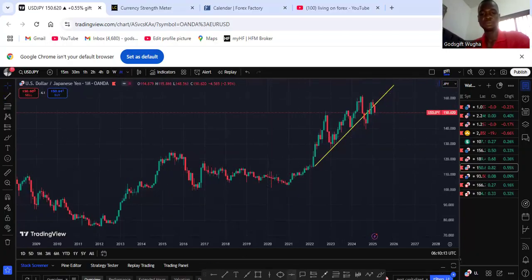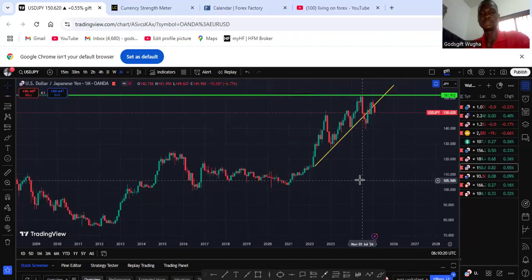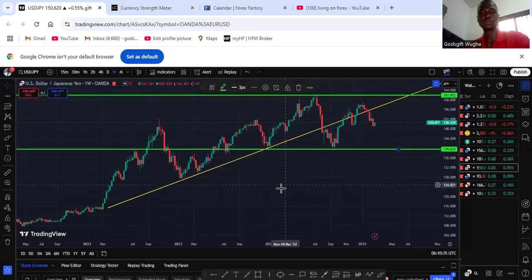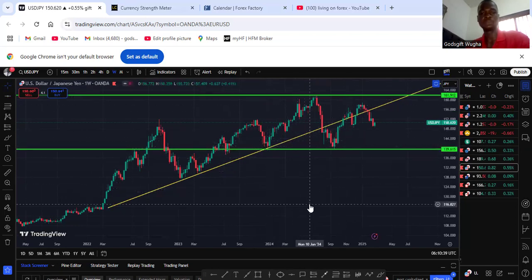Let me take the highest point, the all-time high, and then you go to the weekly time frame and look at levels. We draw your major support and resistance levels. Let's take this because of this move and this move. It is an important zone to be watchful of.